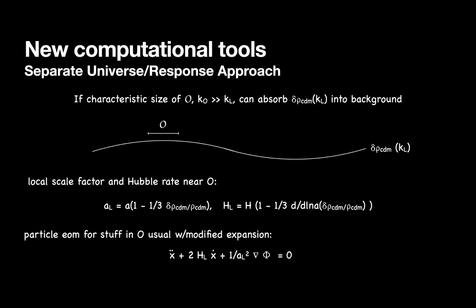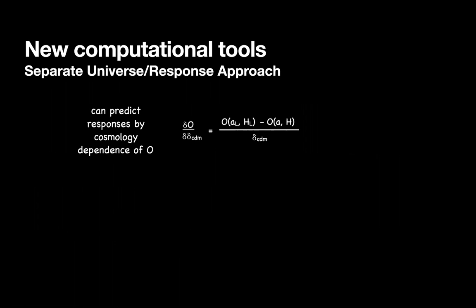And so I can do this, and then if I study, for instance, the particle equations of motion in some little region, they look like the normal equations of motion for particles in an expanding universe, but the local Hubble rate and the local scale factor are modified by the presence of this background mode. Okay, so this is a trick called the separate universe approach.